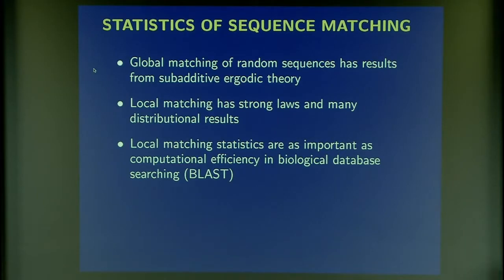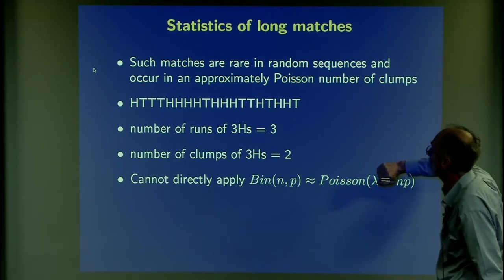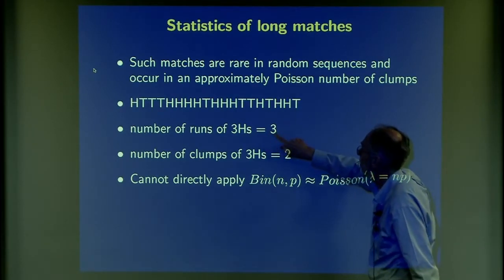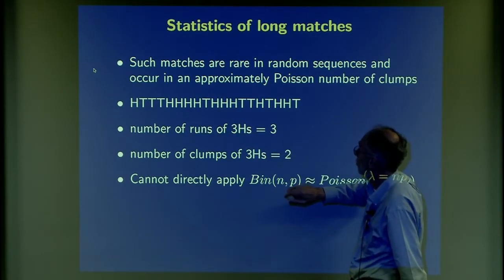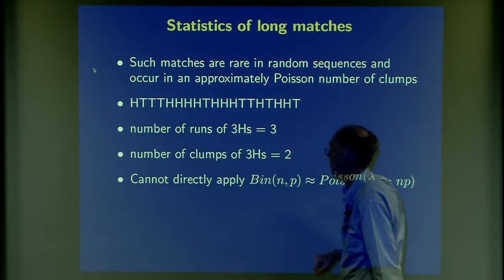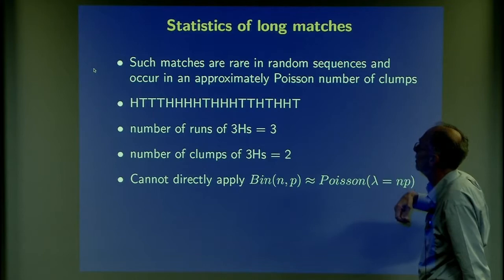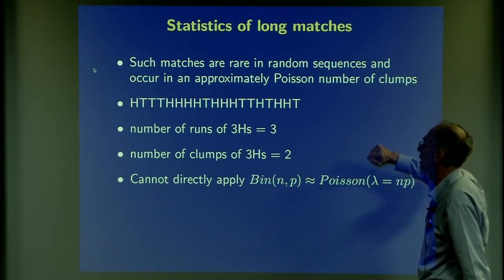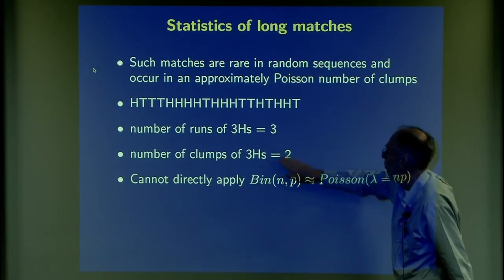So what are we doing? I talked about this before. We'll come back to statistical long matches. But how do we count the matches? If we said 3 heads in a row was what we were interested in, there would be 3 runs of those here. And if we wanted to use the Poisson distribution to approximate rare runs, we would get it wrong. What is properly approximated by the Poisson distribution is the number of clumps.